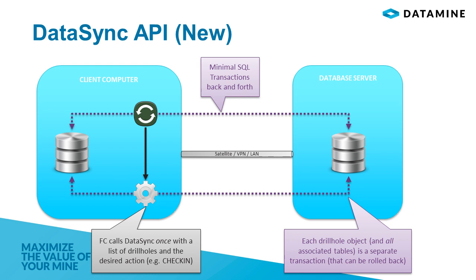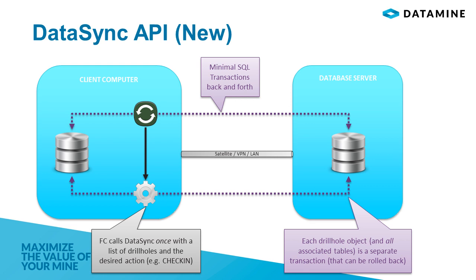So every drill hole and all of the data for that drill hole now gets moved one drill hole at a time. Not one table at a time, but one drill hole at a time. And what we've been able to do by that is enforce a consistent state of the data between the two databases.